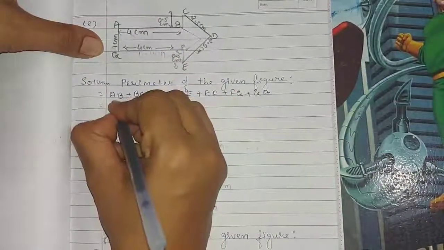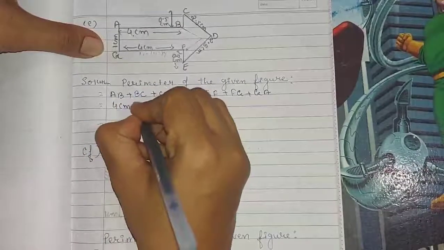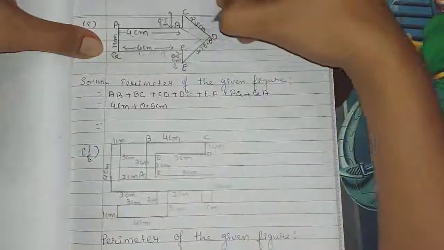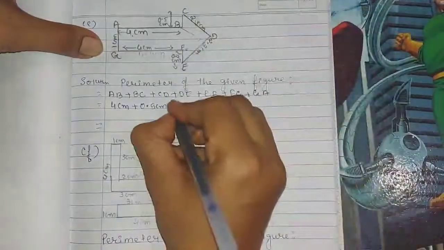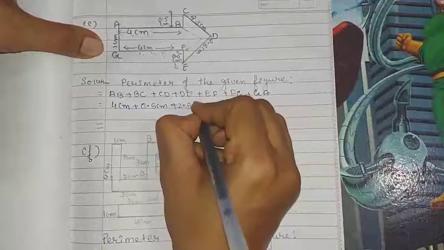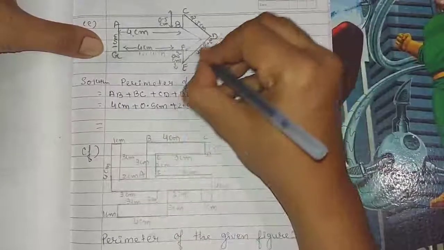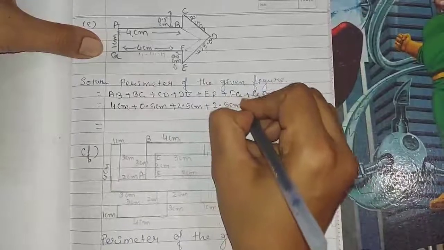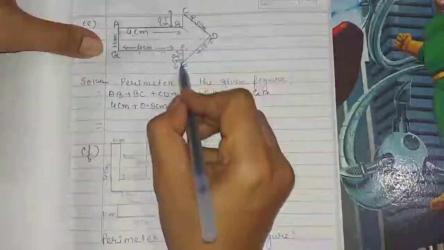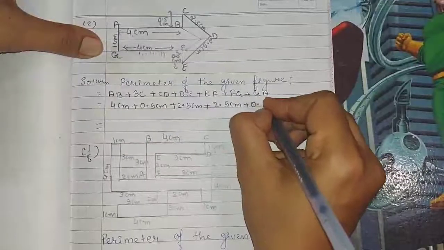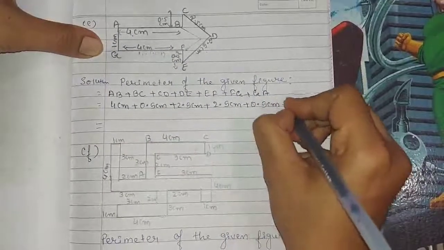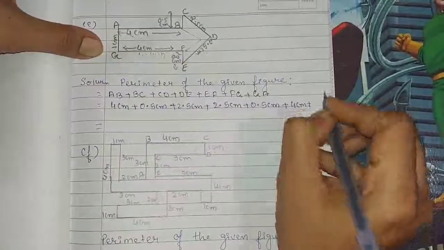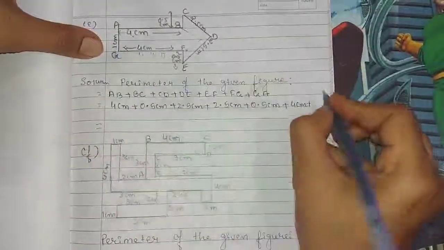AB is 4 centimeter, BC 0.5 centimeter, then CD is 2.5 centimeter, then DE, here also 2.5 centimeter, then EF is again 0.5 centimeter, then FG is 4 centimeter plus GA is 1 centimeter.